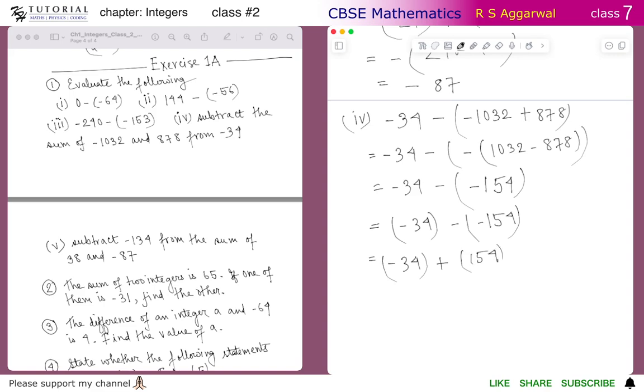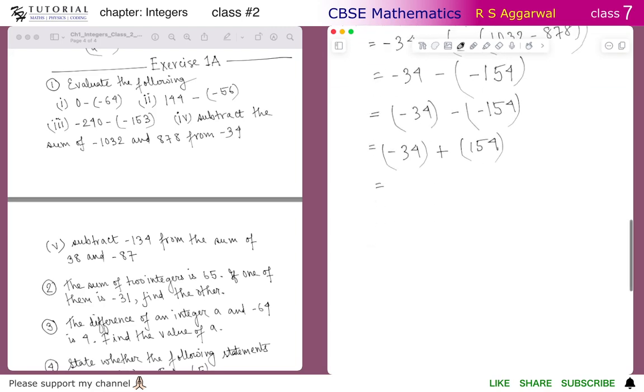So now we have addition of a positive integer, which is 154, and the negative integer, which is minus 34. As per the rules of addition of two integers of unlike sign, this will be 154 minus 34. This is equal to 120.